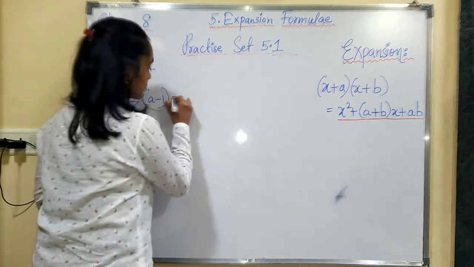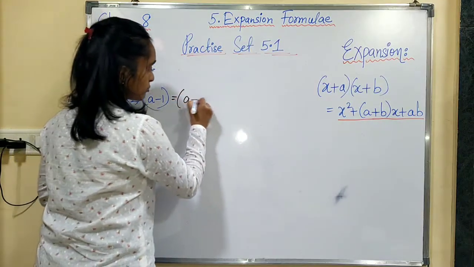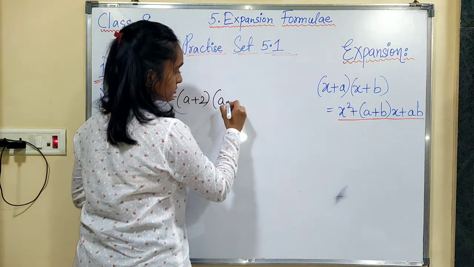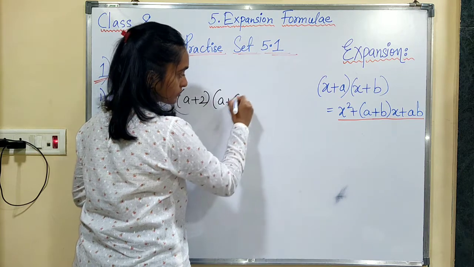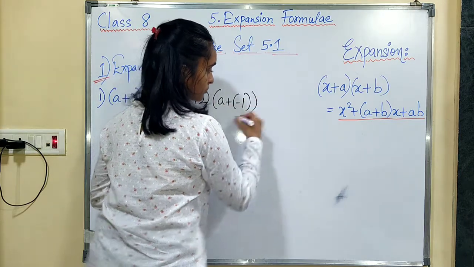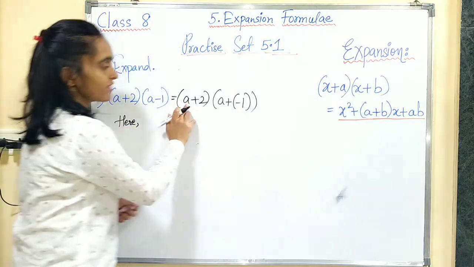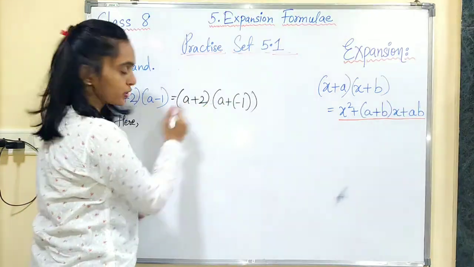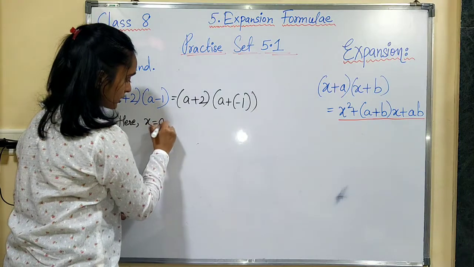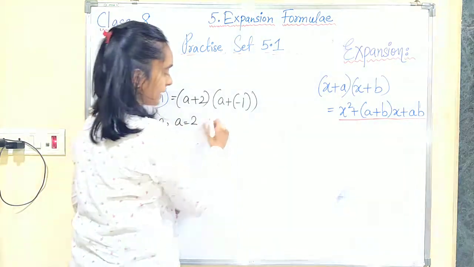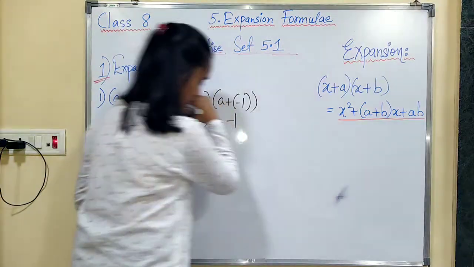So this can be written as a plus 2, a plus of minus 1. Here we have a as the common term, so a will be your x. Here x equals a, a equals 2, and your b equals minus 1.